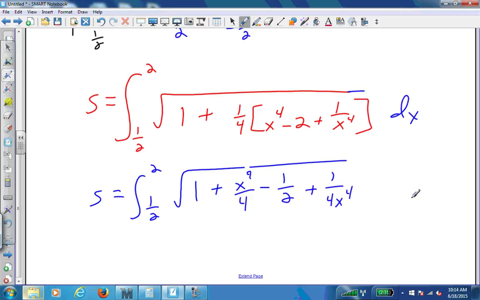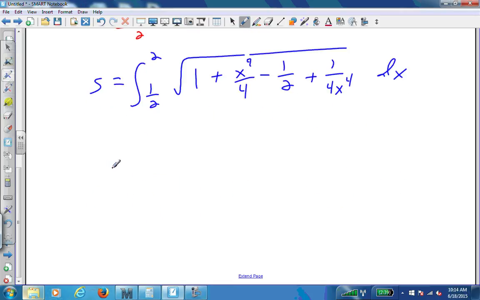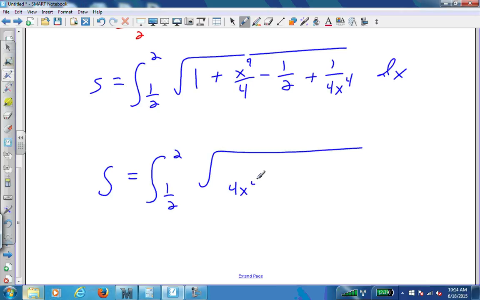So if we wanted to, we could come in and get a common denominator. Our common denominator would be 4x to the 4th. We think of all of these as fractions. For 2 and 4, the common denominator is 4. We have an x to the 4th.